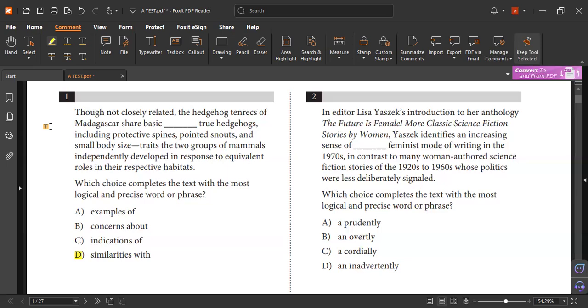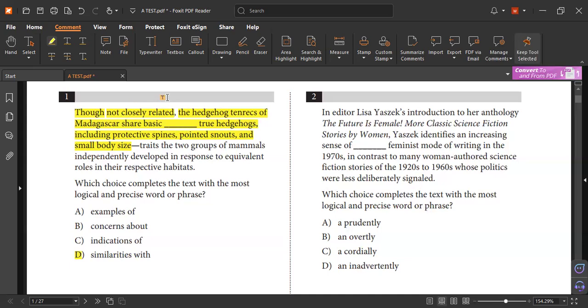Let me help you. All right, when we answer this kind of question, we follow some techniques. Number one, the context clause. He said, though not closely related. That means in this clause we need something opposite to that. So what is closely related?